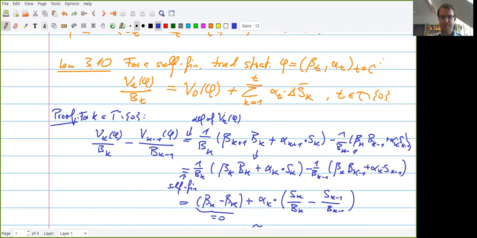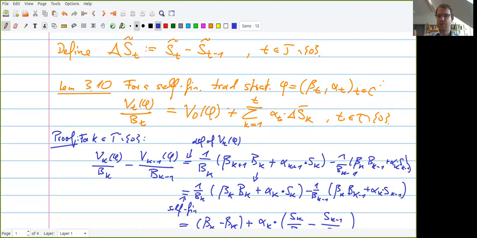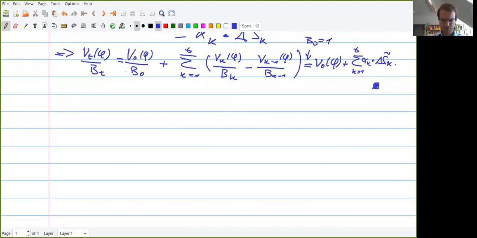So what we see here is that we can express the discounted value process on the left-hand side in terms of the gains we make by investing in the discounted risky asset, or price process of the risky asset. Right.